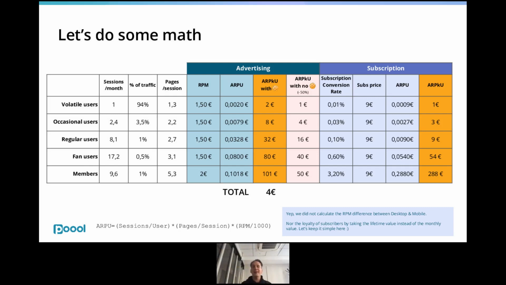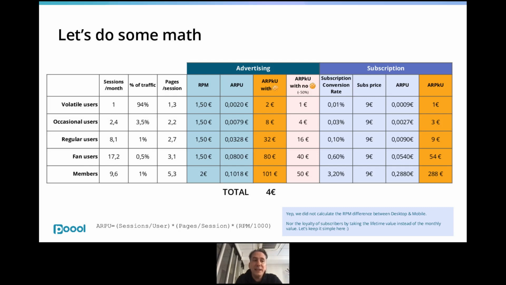And then you can see the average revenue per user. It's so low that with Marion, my colleague, our CMO, who prepared this presentation, we thought about the average revenue per kilo user, the 1,000 users. And you see that volatile is €2 and fan is €80. The difference is huge, and it's even bigger for members. But you lose that advantage.